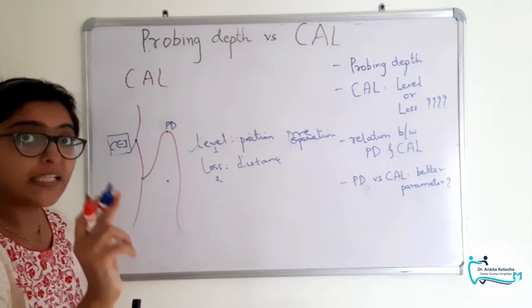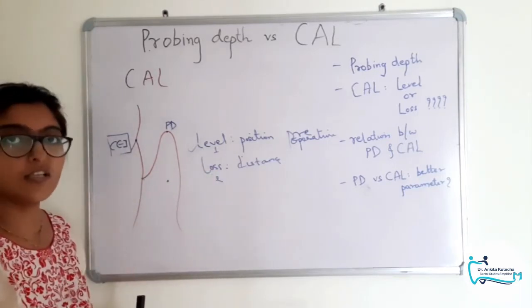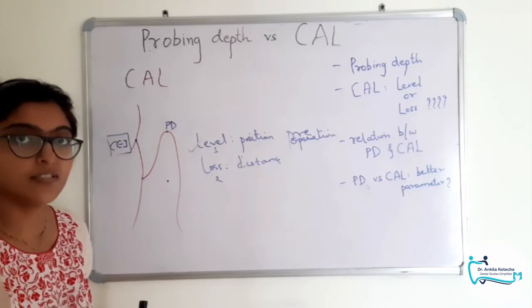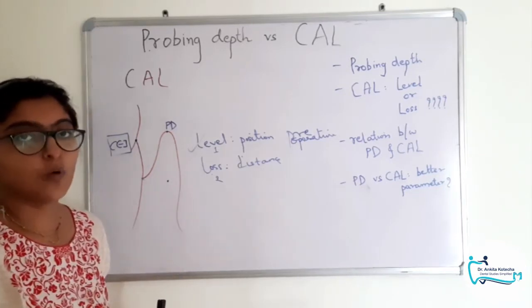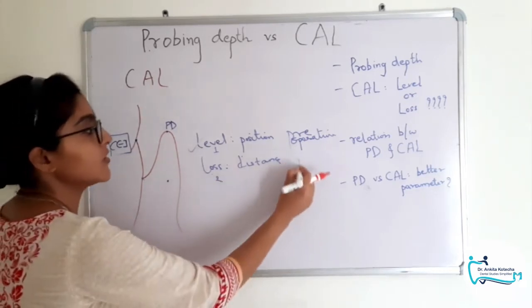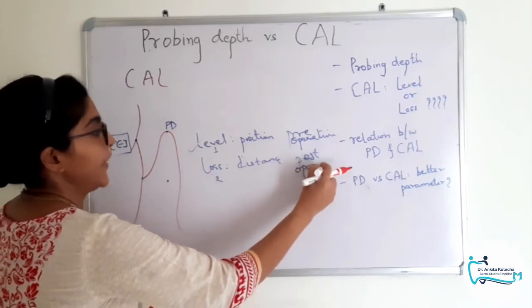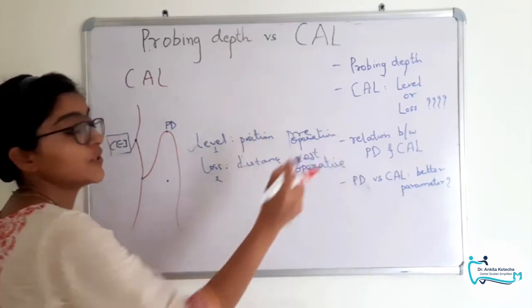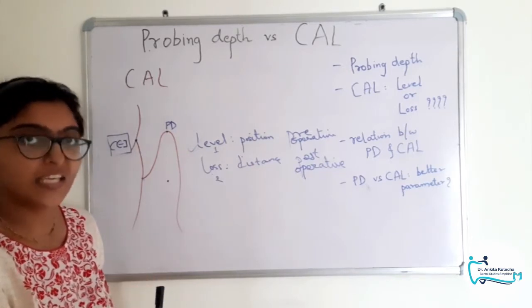Justified? And now, after doing the treatment, be it non-surgical or surgical, at the reevaluation visit, we have two values, preoperative and postoperative. So now, postoperatively, we should use the term loss, because now we have two values to compare, and the difference of the two will give you whether it is a loss or gain.